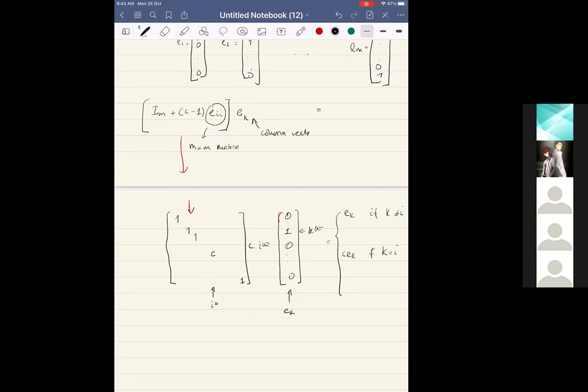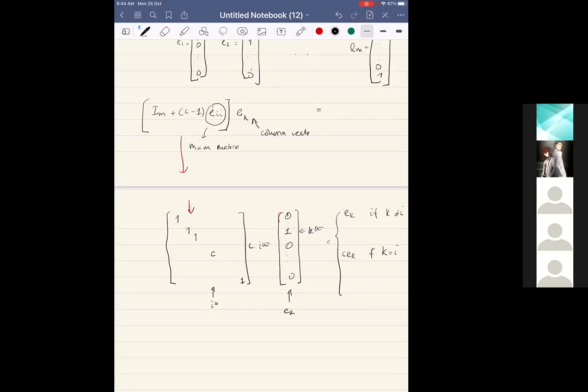So the elementary matrix of the third kind leaves all the other basis vectors of column space unchanged, but the ith basis vector, it multiplies by C.